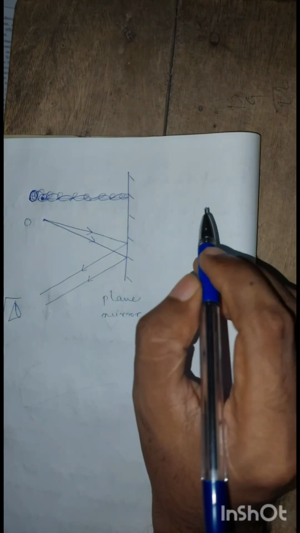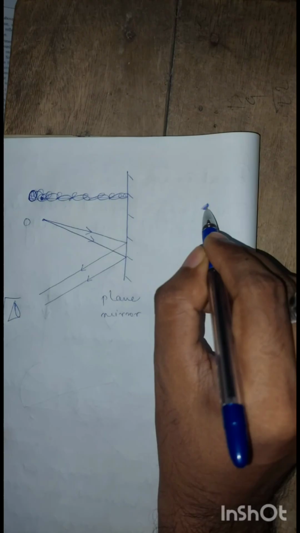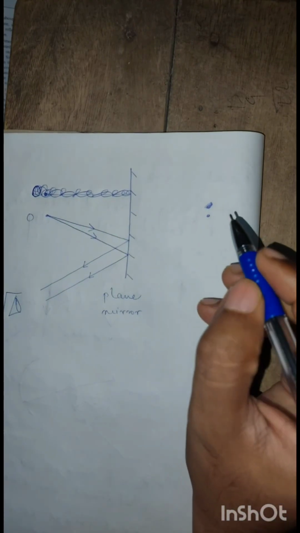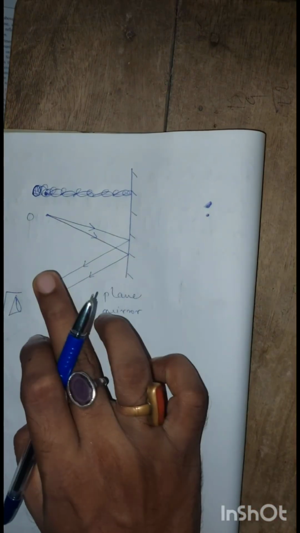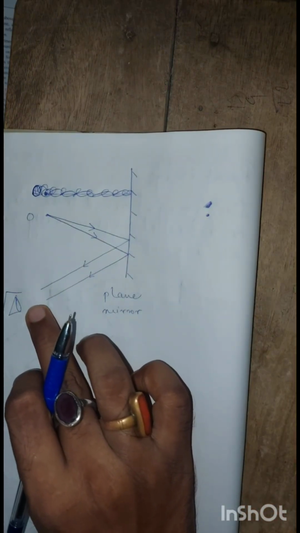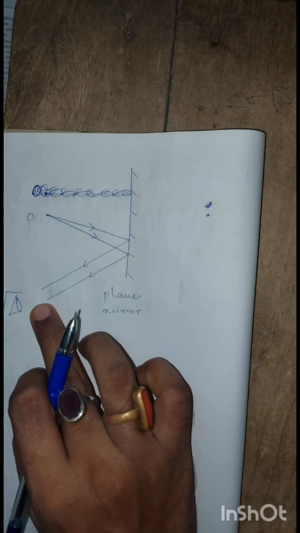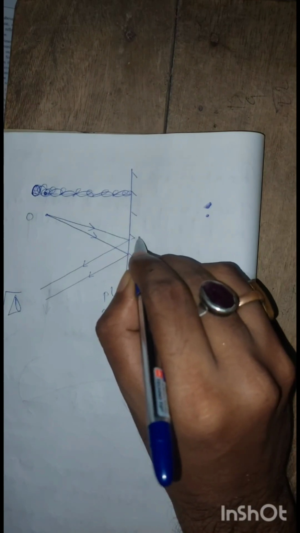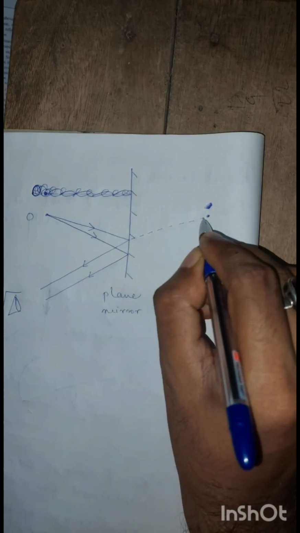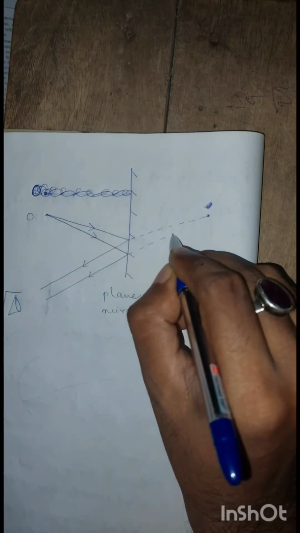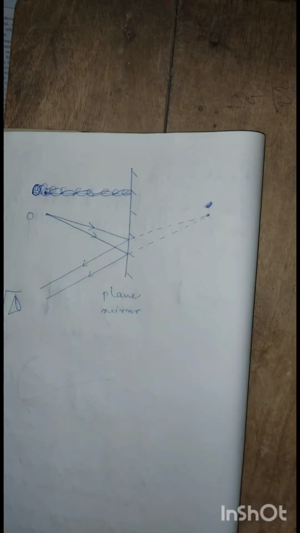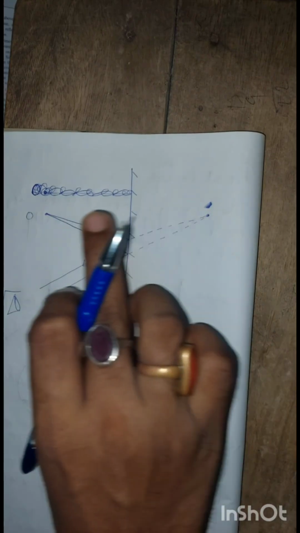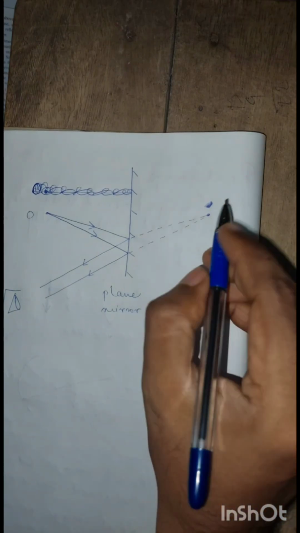So our eye will see an image of this object. Our eye cannot directly see the object because our eye cannot follow the bent path of light. So if we drag these two rays backwards, they will meet at a certain point. At that point, we shall see an image of the object. So this is our image.